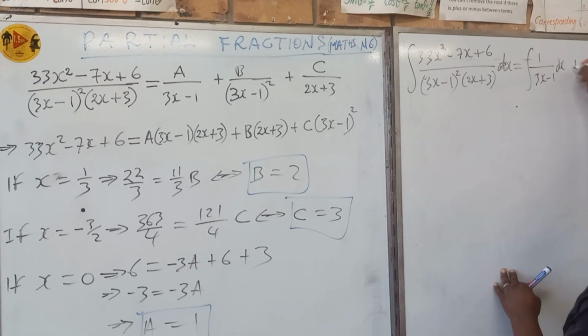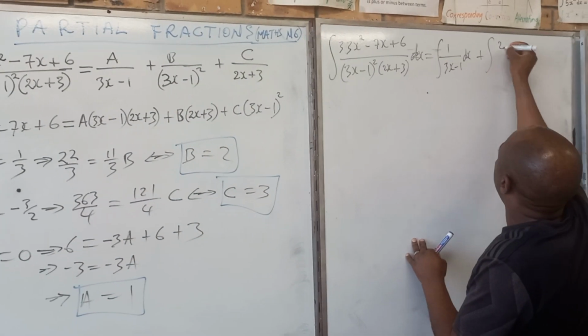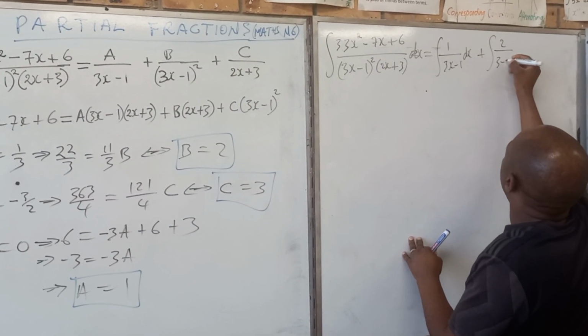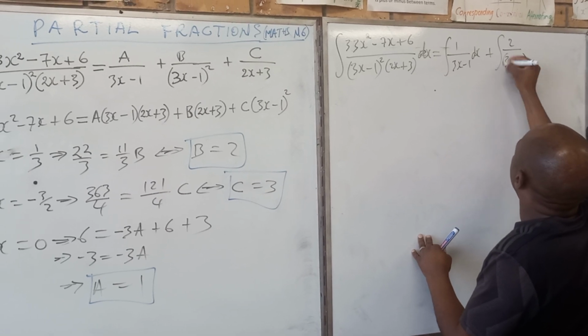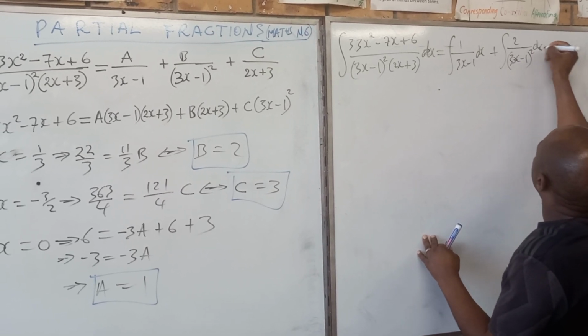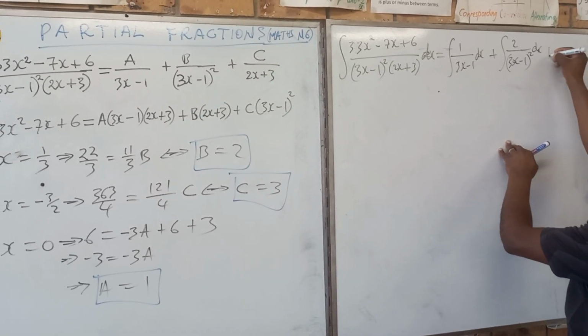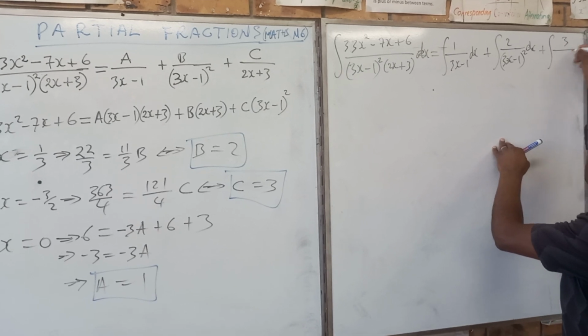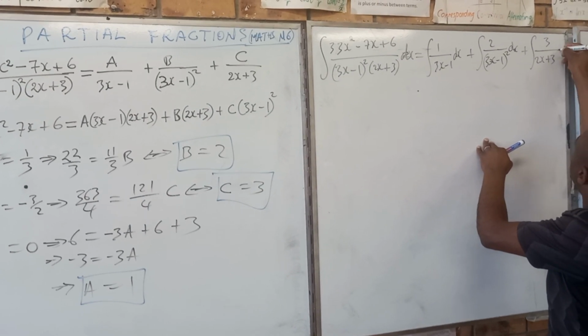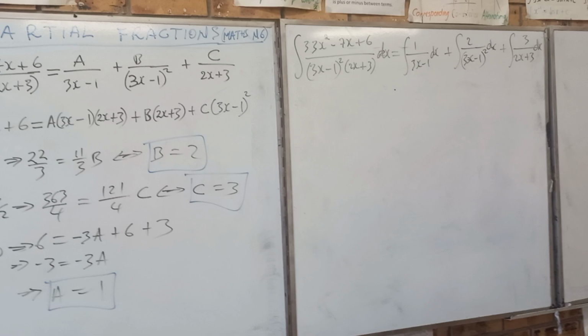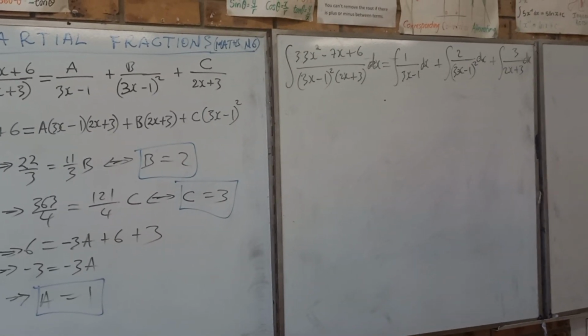Then my b is the integral of 2 on (3x minus 1) all squared dx. And then the last one, c, is the integral of 3 on 2x plus 3 dx. So those are your substitutions.